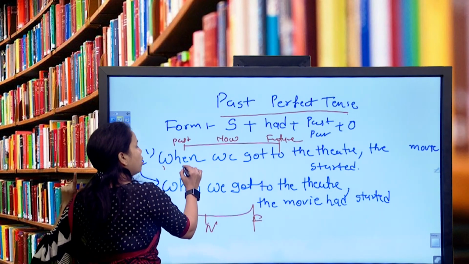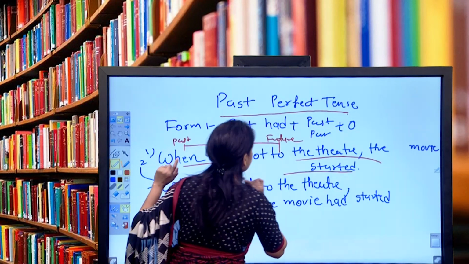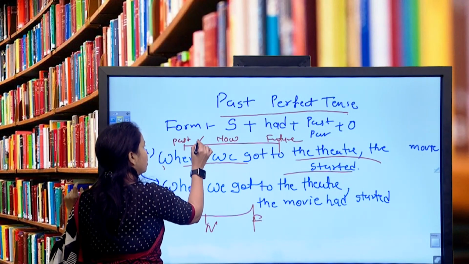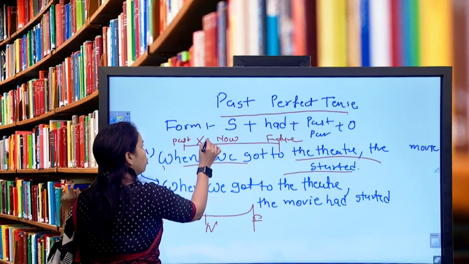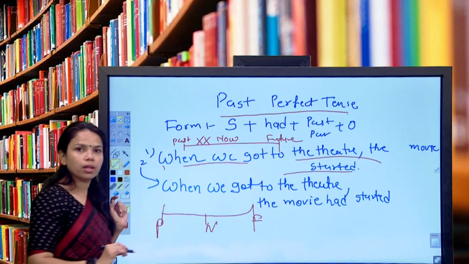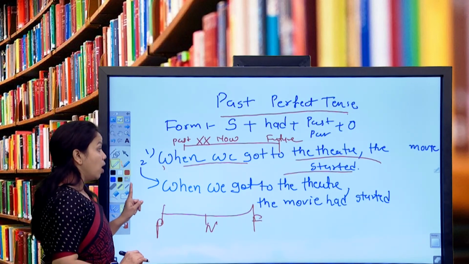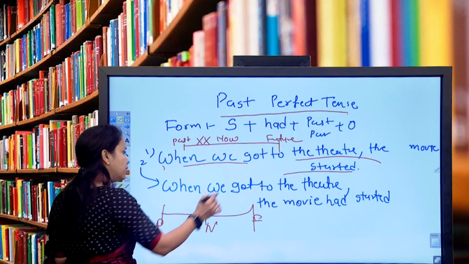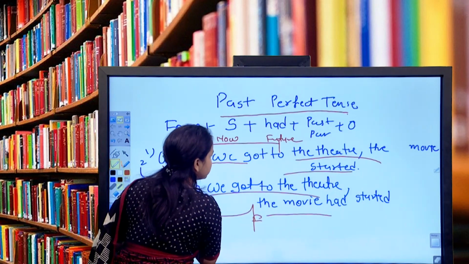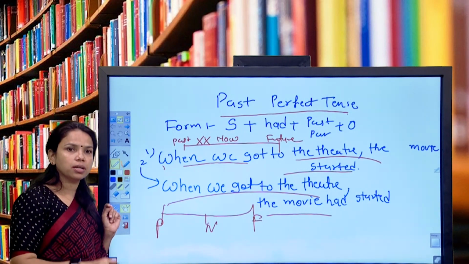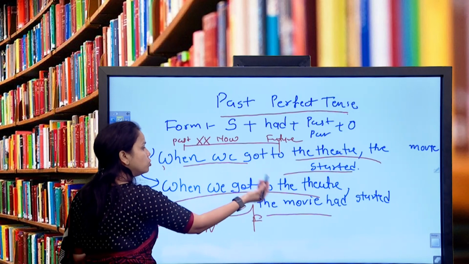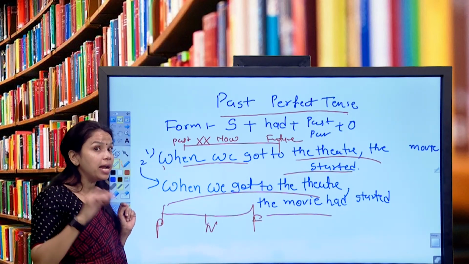So, both of the actions happened in the past, right? When we got to the theatre, the movie started. And in the second sentence, when we got to the theatre, the movie had started, both are also in the past, right?